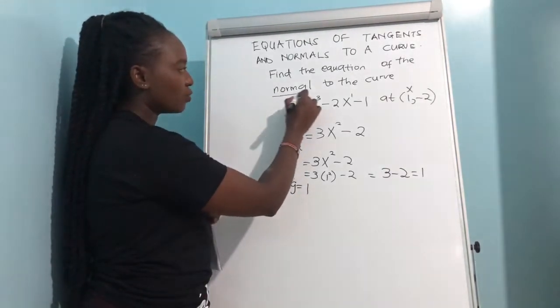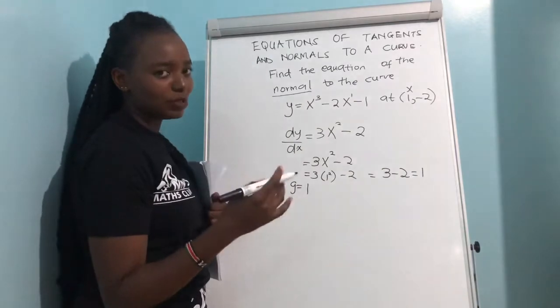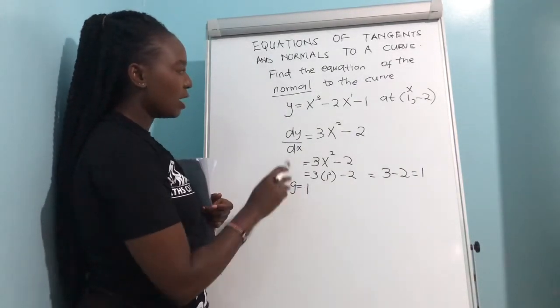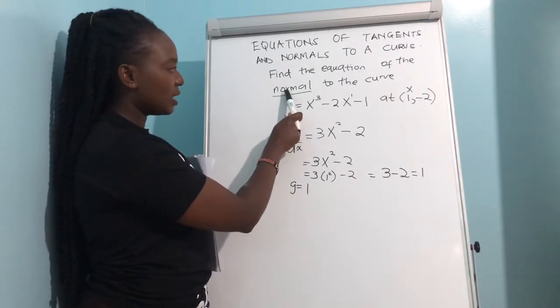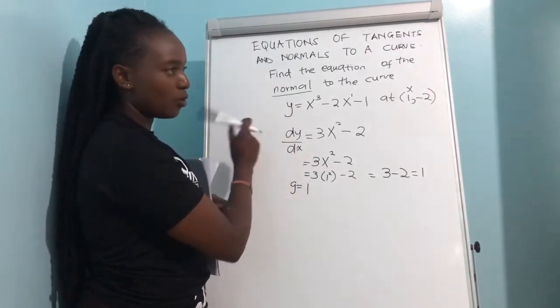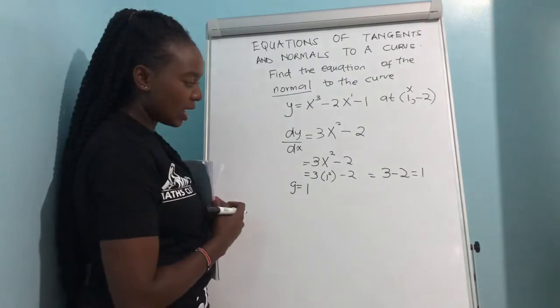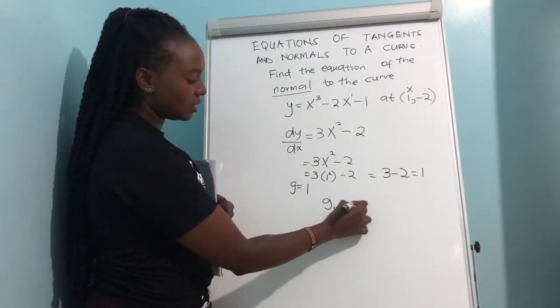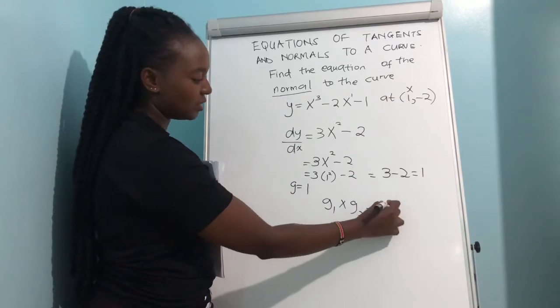When it comes to the normal, the gradient of the tangent is perpendicular to the gradient of the normal. And remember, for perpendicular lines, gradient 1 times gradient 2 should give us negative 1.